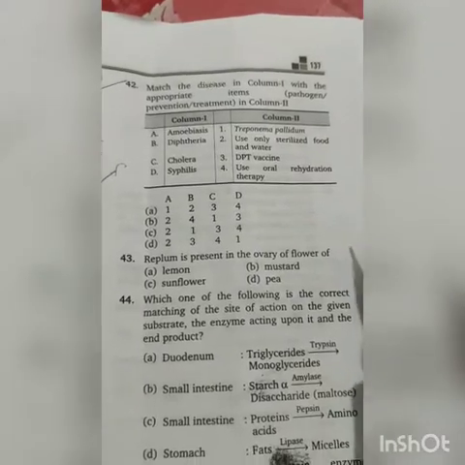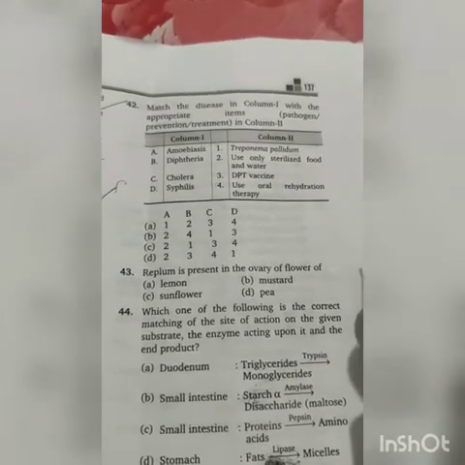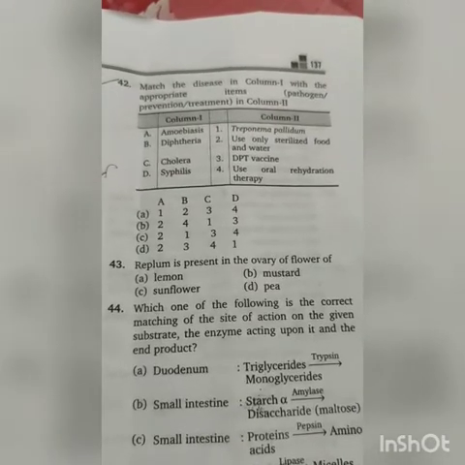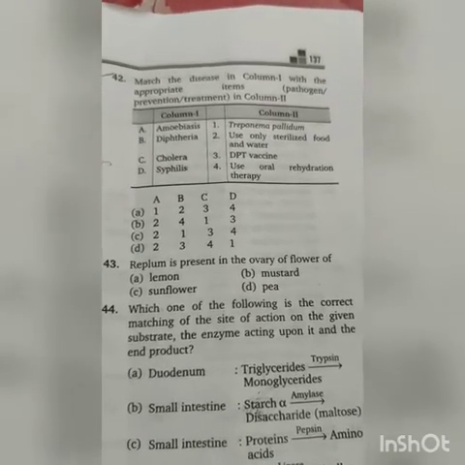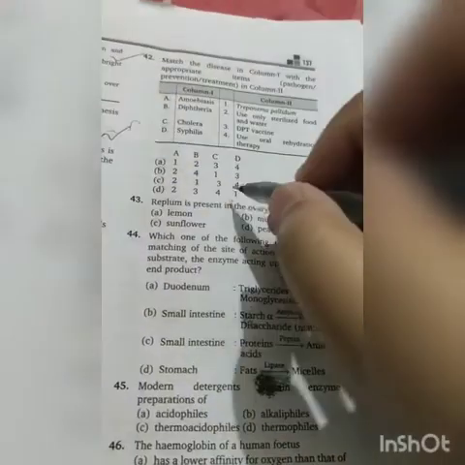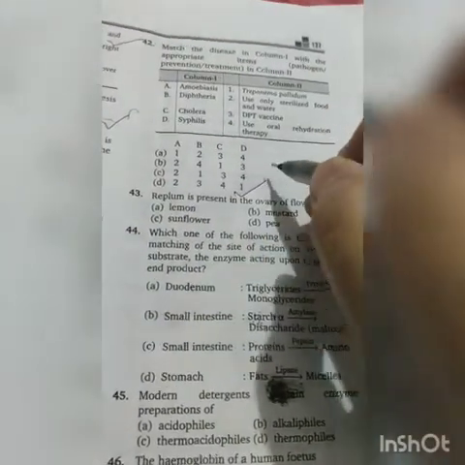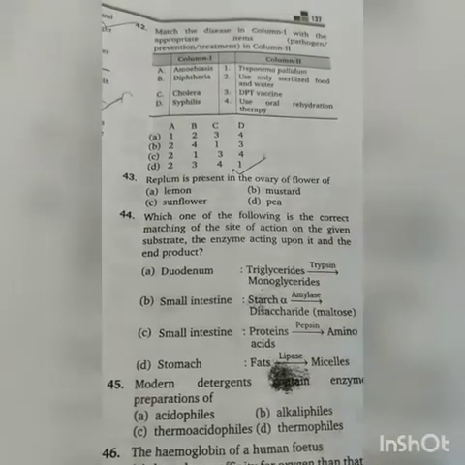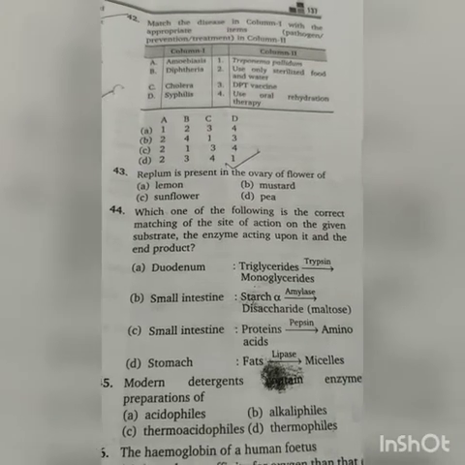Now question number 42. Match the disease in column 1 with the appropriate items in column 2. So correct option is D, in which amoebiasis is prevented by using only sterilized food and water.